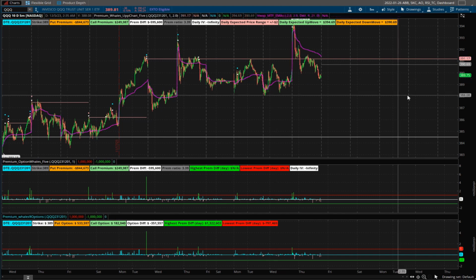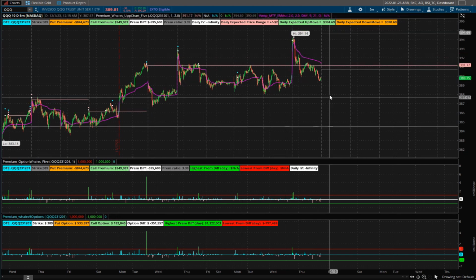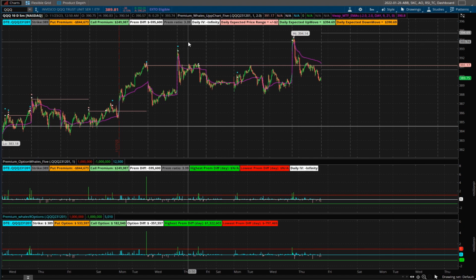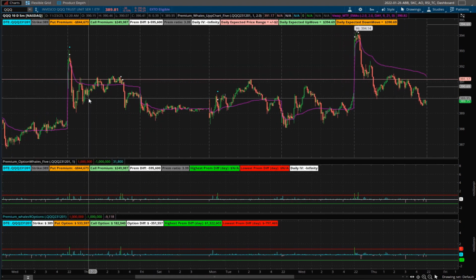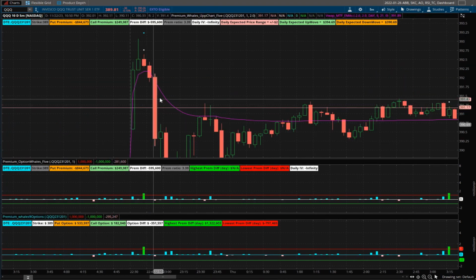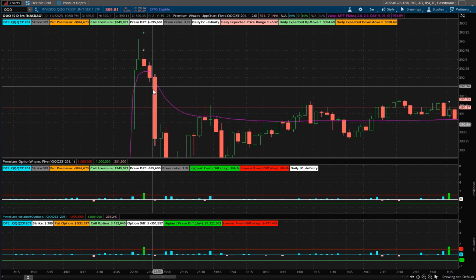Okay, and lastly, let's see how we can use the option flow premium. First thing here, as mentioned, there's a call option, however it's a red bar, a red candle, which means the reversal is coming, so it goes down.